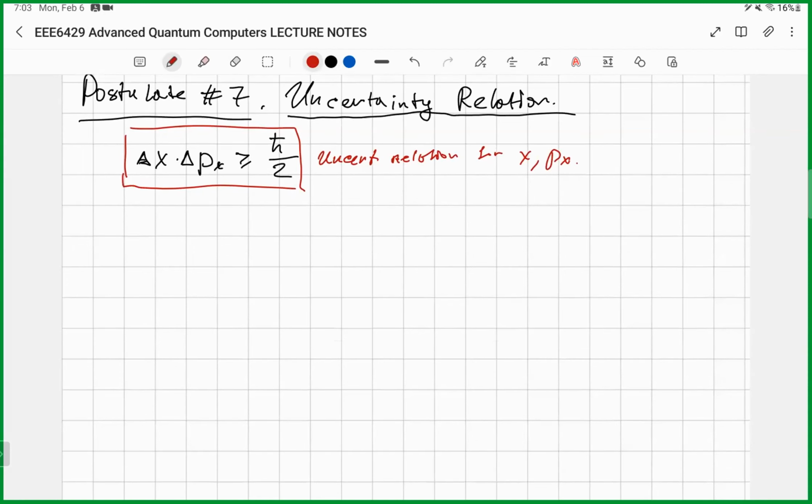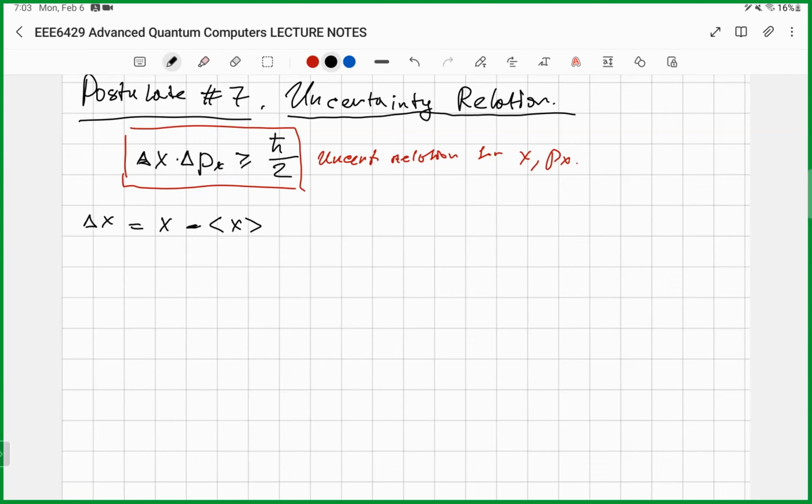So what are these delta x? Delta x is simply the x itself minus the mean value of x. Let's denote this mean value this way, with the angular brackets.